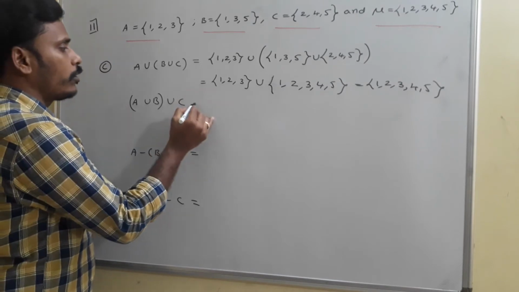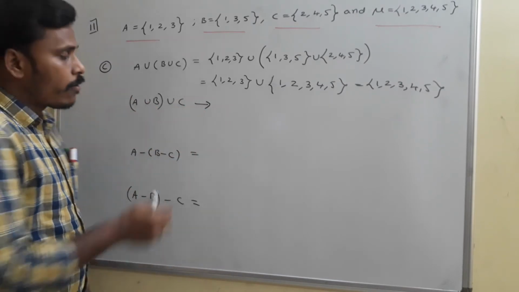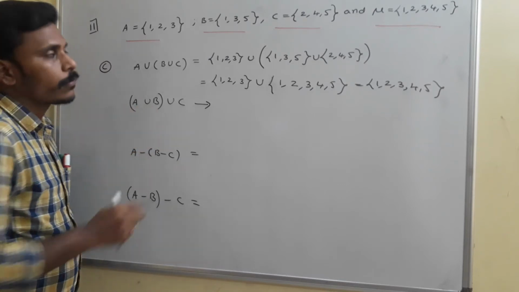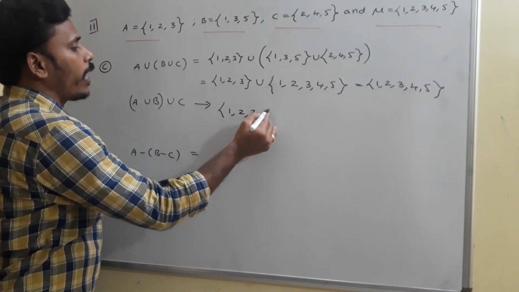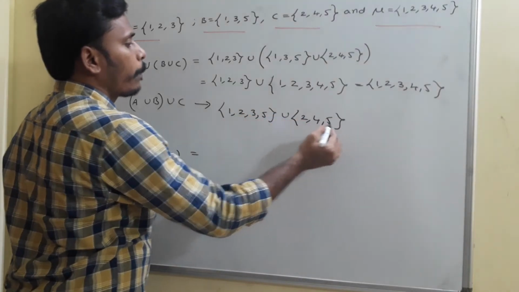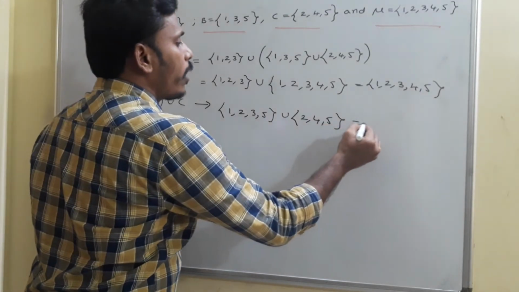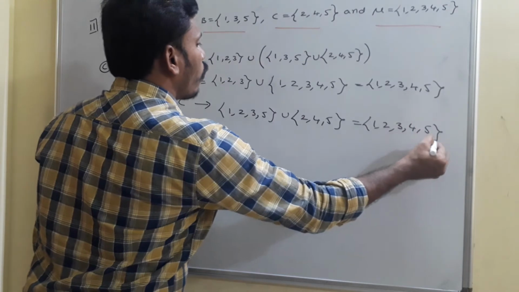Now you just think about this. A union B union C. First of all, write A union B. So A union B is 1, 2, 3, 5. Union C. C is what? 2, 4, 5. Now again, union means all elements you need to list, and those elements are 1, 2, 3, 4, 5.